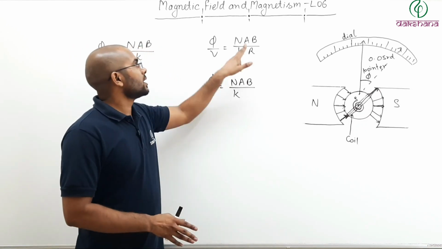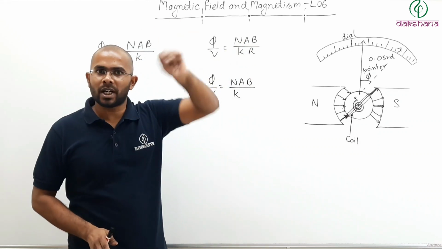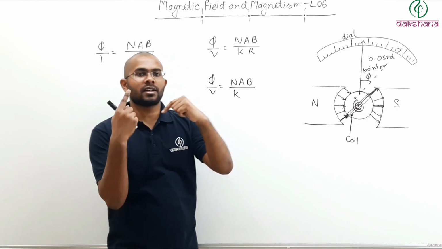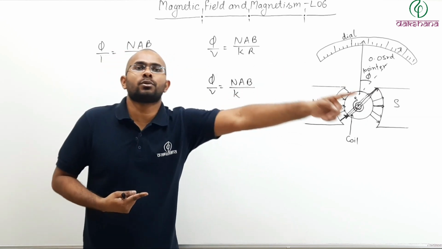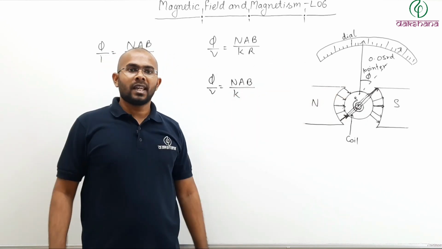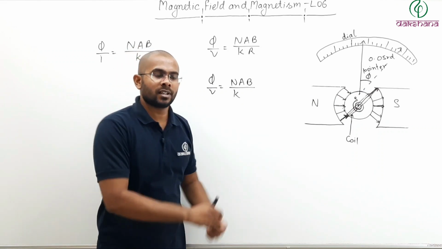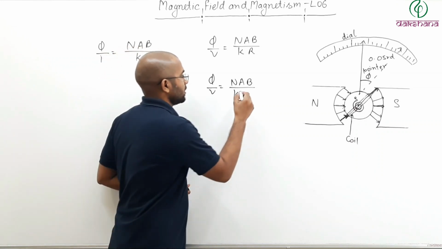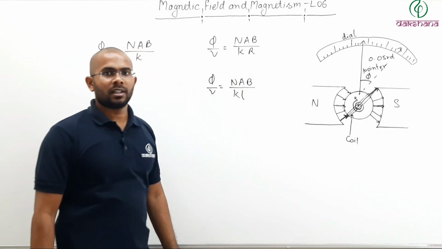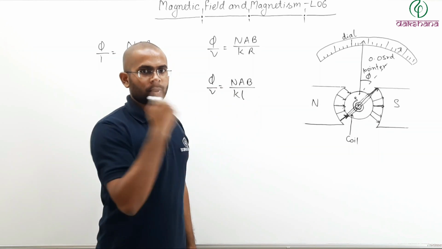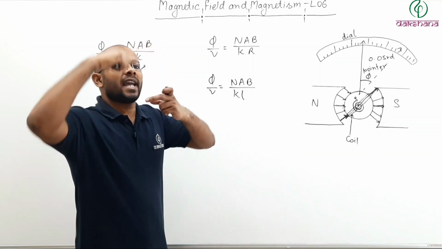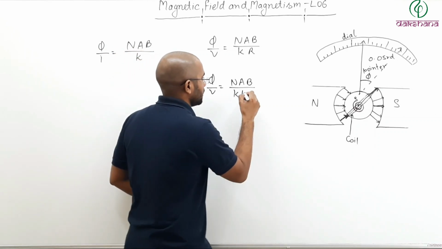Now remember, the number of turns is doubled, but the total resistance of the coil will be proportional to the length of the wire, and if you double the number of turns, the total length of the wire will also double. Or we can write here, total resistance is what? Let us say resistance of one loop, one turn is R naught. Then resistance of N number of turns will be how much?